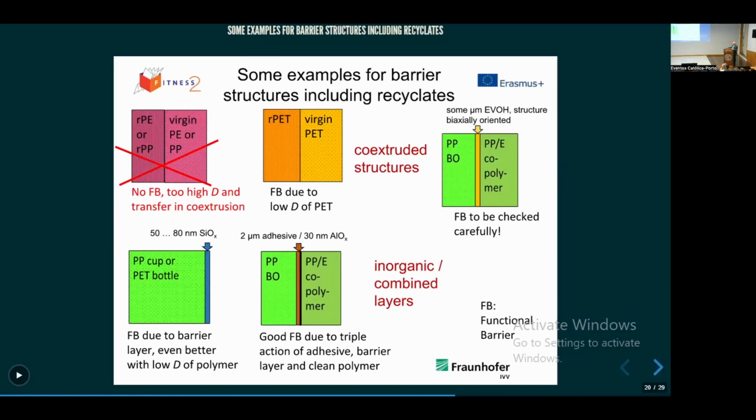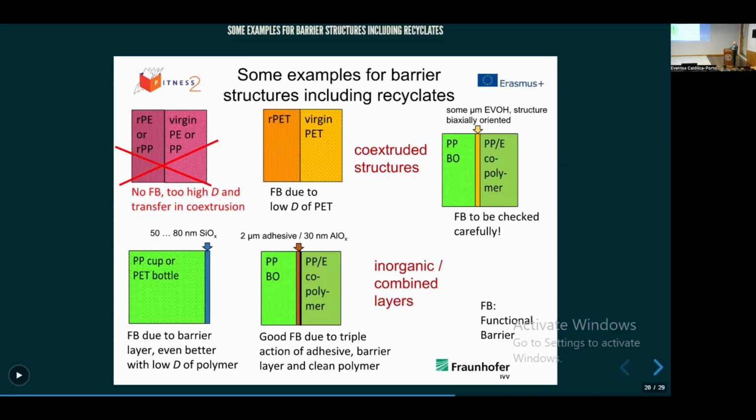The PET can be used in this form, but not because there's another mechanism, but simply because the diffusion coefficient of the PET is so low that it reduces the transport from the beginning, and just the total figures are lower than with this example.